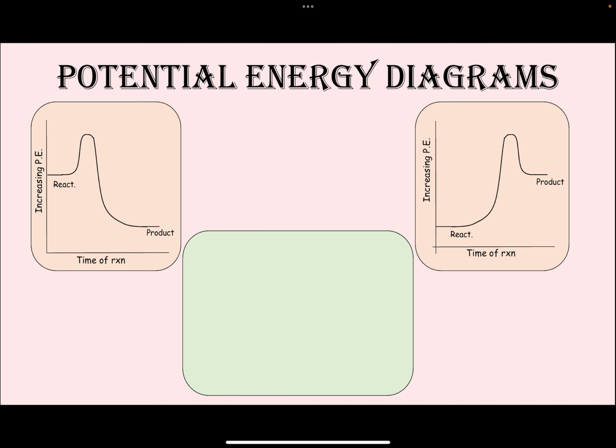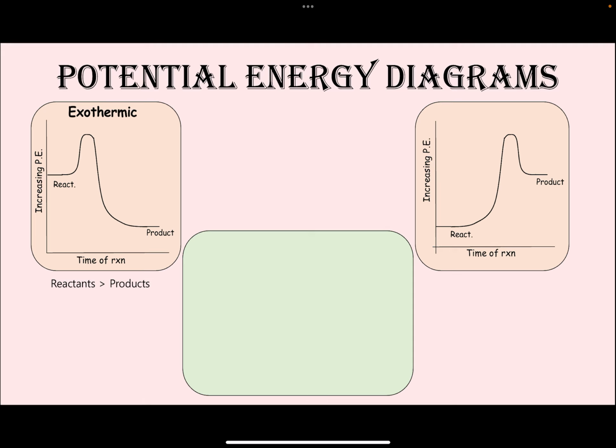So let's talk a little bit more about the reactions by looking at something that we call potential energy diagrams. Now, potential energy diagrams look like this. One of them represents an exothermic reaction, the other represents an endothermic reaction. If you look at this first diagram, we notice that the reactants seem to have higher energy than the products. So if the reactants have higher energy than the products, that means by the time we got to the products, we lost some of the energy along the way.